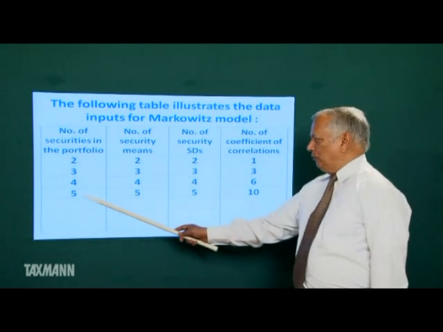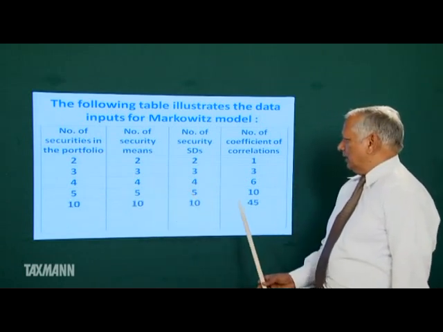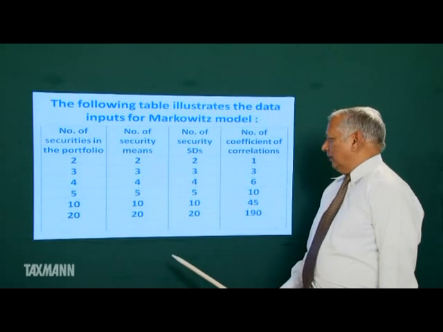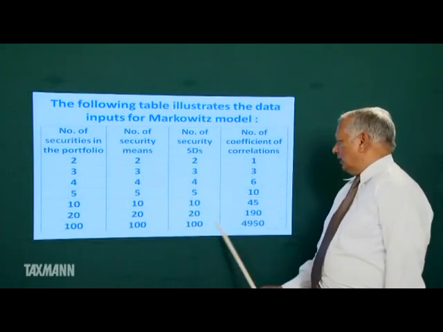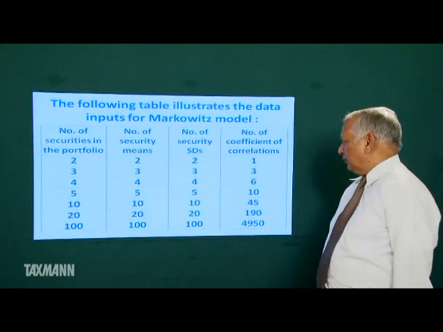Similarly, for 5, 10, 20, 100 securities, our data requirement for 100 is 100 plus 100 plus 4950, that is 5150.